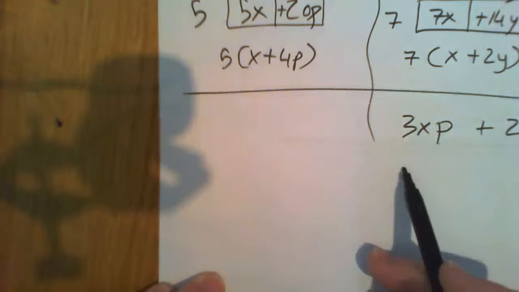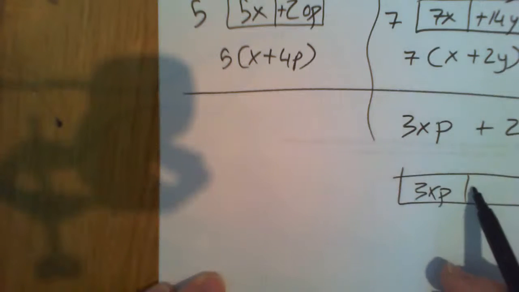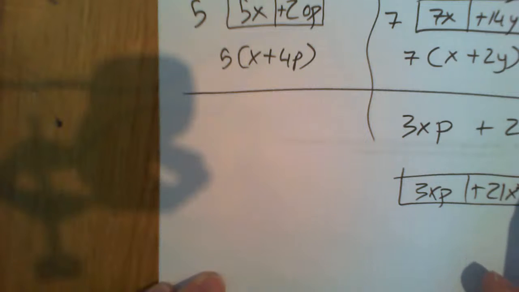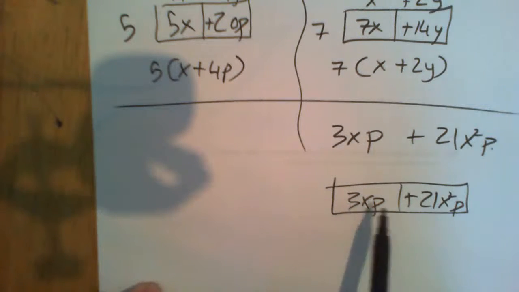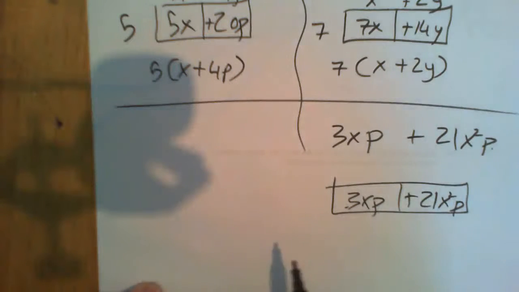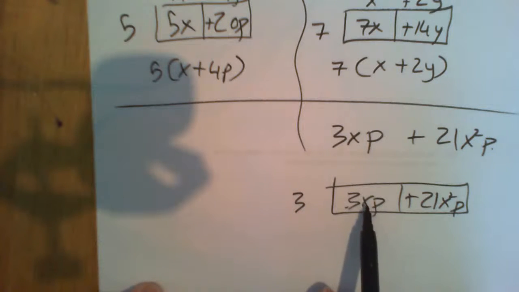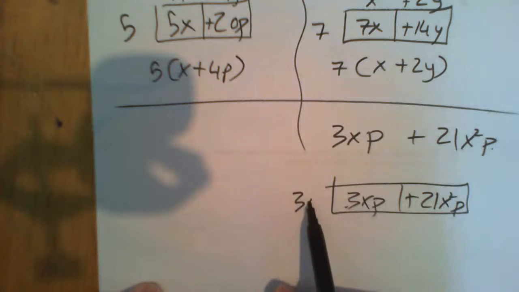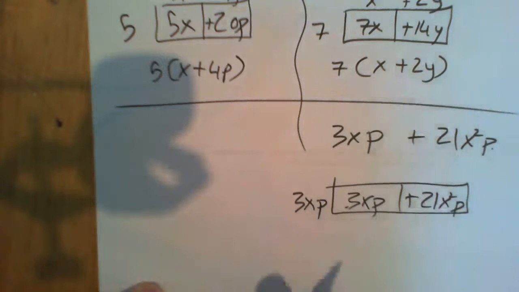So same thing again. Create a box, put everything into it. Don't forget the sign. Now, highest common factor of 3 and 21 is 3. Highest common factor of x and x squared is a single x. And the highest common factor of p and another p is p.